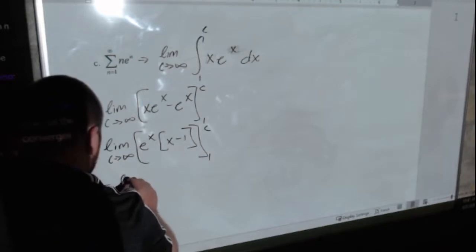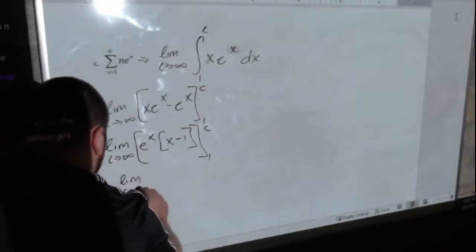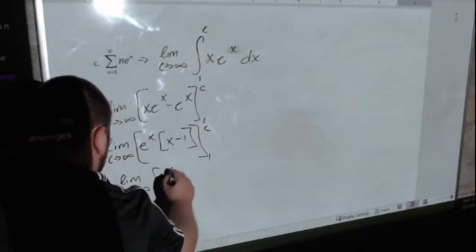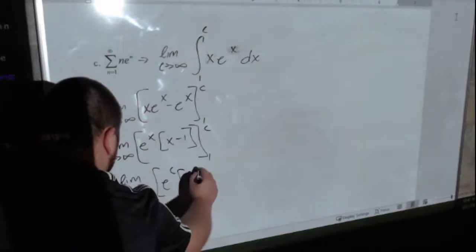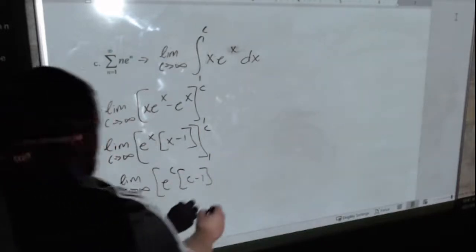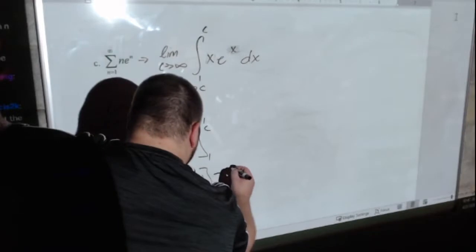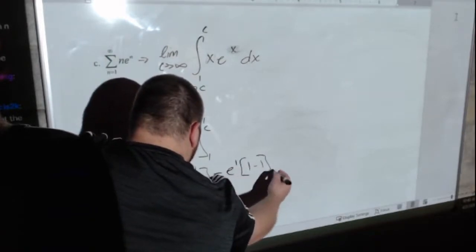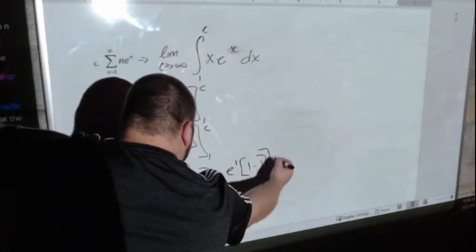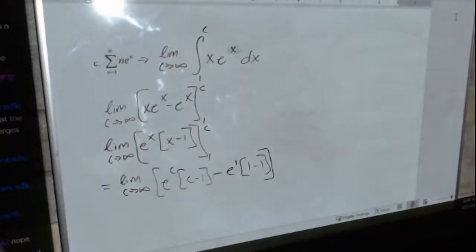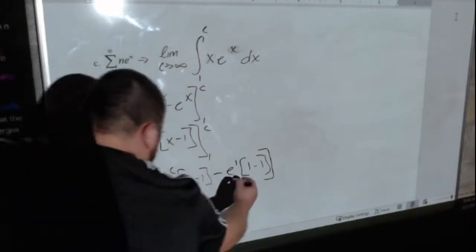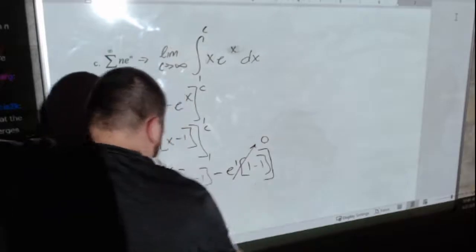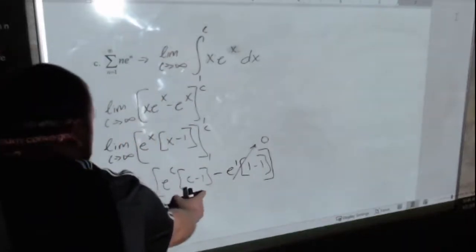So this is limit c approaches infinity, e to the c times c minus 1, minus e to the first times 1 minus 1. So this term out here pretty easily goes to 0. So we're all depending on what this does.